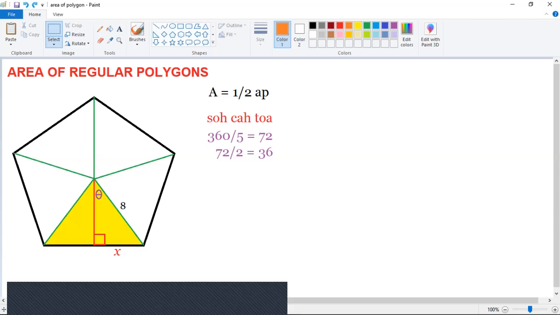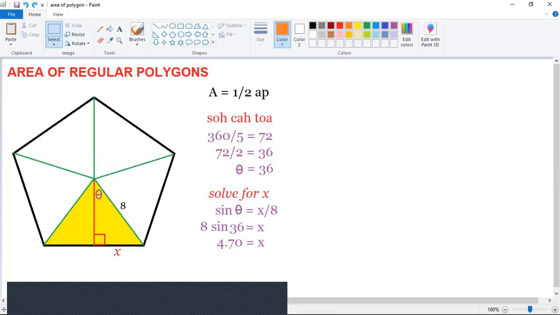Now let's solve for x. X is the opposite of theta. 8 is the hypotenuse, so we can use the opposite and the hypotenuse, which is the sine function. So because theta is 36, sine theta is equal to x, the opposite, over the hypotenuse, which is 8. Cross multiplying, 8 times sine 36 gives us 4.70.